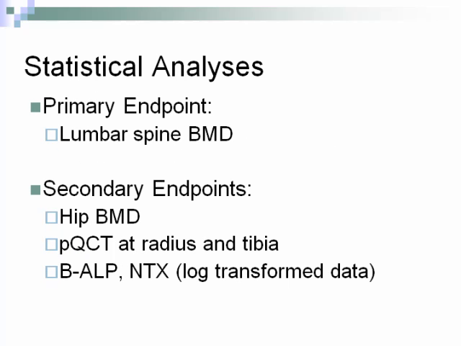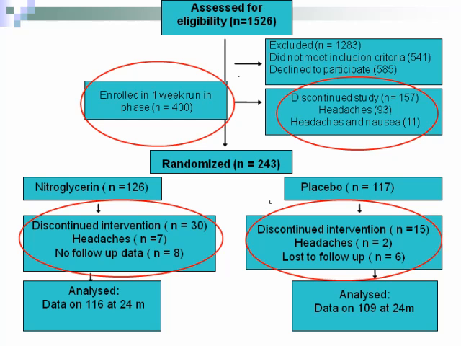Our primary endpoint was lumbar spine bone density change at 24 months. We also looked at hip bone density, femoral neck, and total hip. We looked at PCCT measurements, which really measure bone geometry at the radius and tibia, and we looked at bone-specific alkaline phosphatase, the ALP, and urinary NTX.